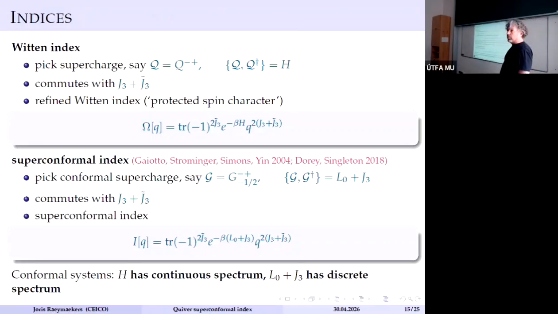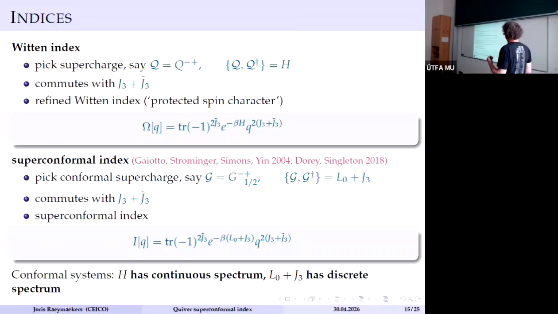So let me say a bit more about that. Questions. Maybe first I should say what you do to write a more standard Witten index. There you would pick one of the standard N=4 supercharges, say Q minus. This charge basically pairs up states with non-zero energy.